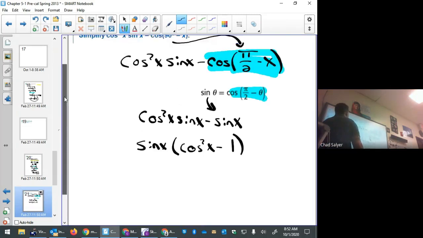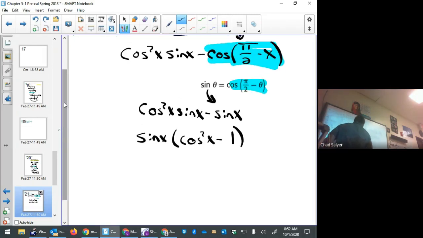So here we've got a Pythagorean application. Anytime something's squared, like I said, your default should be the Pythagorean identity. And I know that sine squared x plus cosine squared x equals 1.